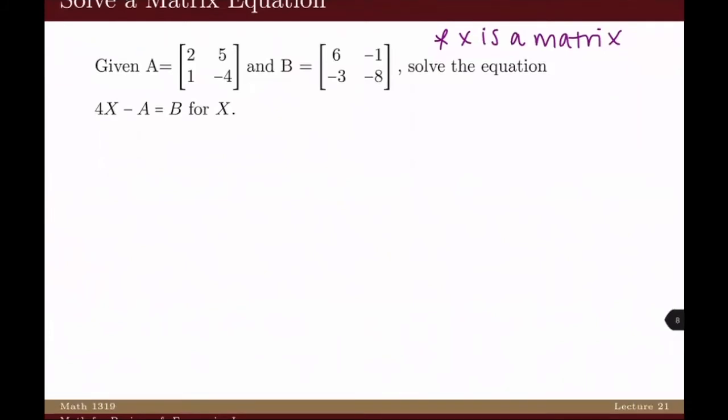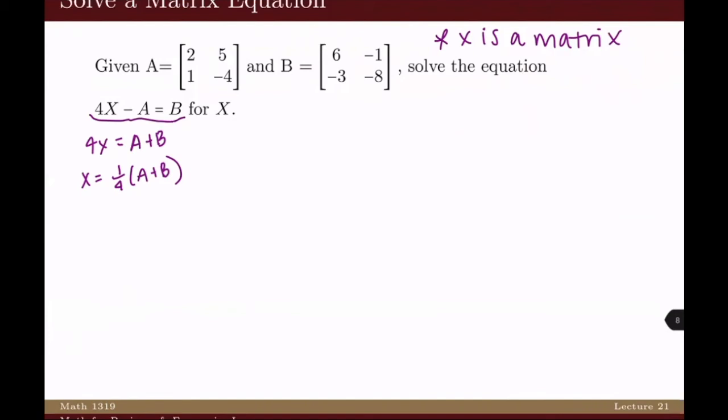So if I'm looking here at 4x minus a equals b, that means that 4x is going to equal a plus b, which means that x is going to equal 1/4 (a plus b). So the first thing that we're going to want to find is a plus b.